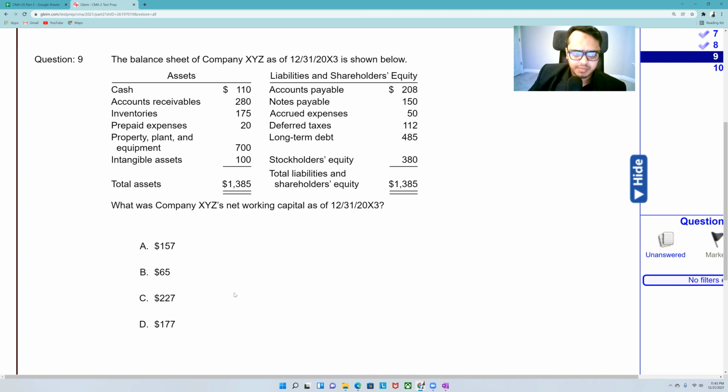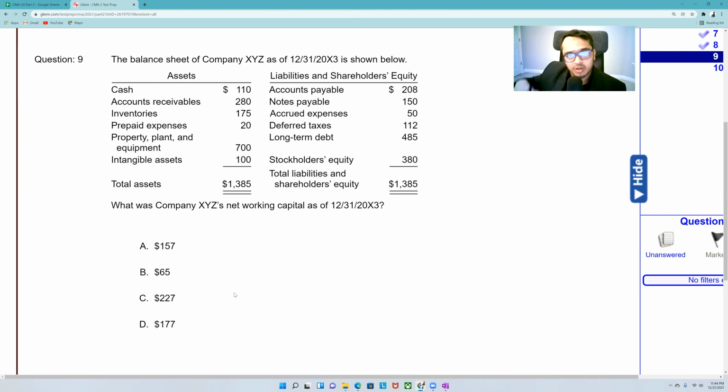Then plant property equipment, I don't need it. And then accounts payable 208,000. Notes payable 150,000 because it has not mentioned whether it is short or long. Then accrued expenses 50. Deferred taxes, I don't need to take.